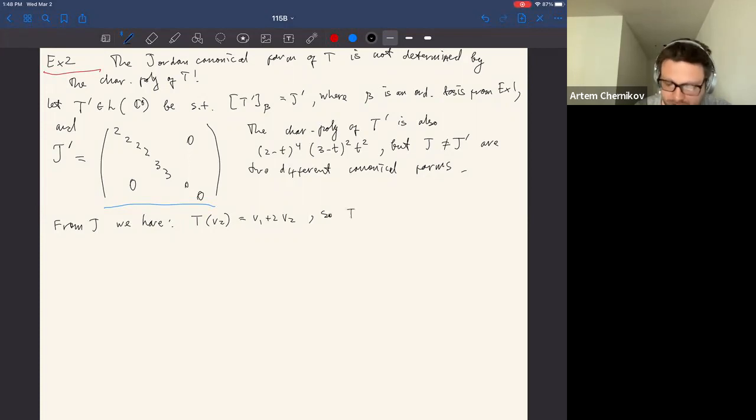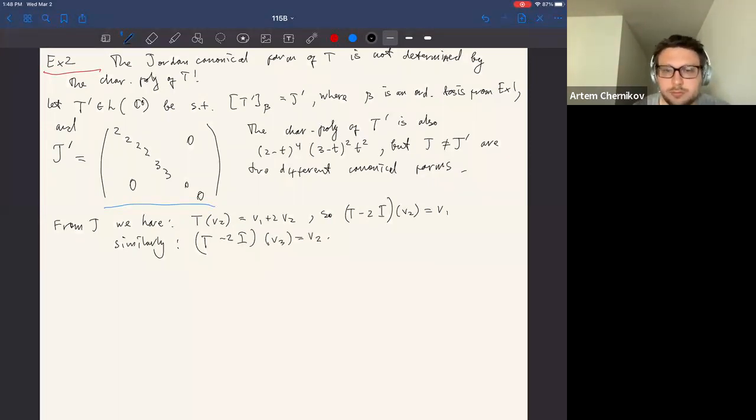So T minus 2I, where I is again the identity operator, of V2 is equal to V1. Similarly, T minus 2I of V3 is equal to V2. And V1, V4 are eigenvectors of T with eigenvalue lambda 2.